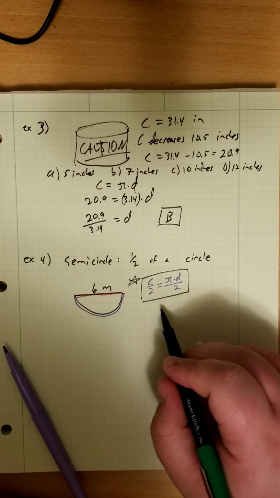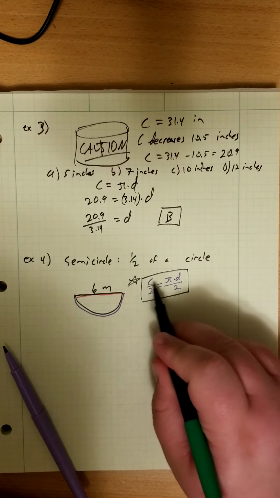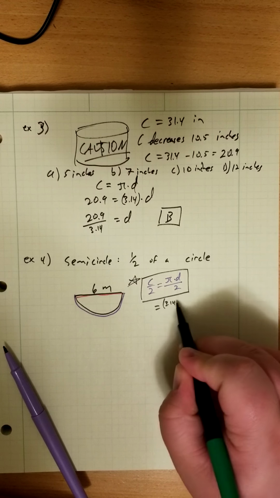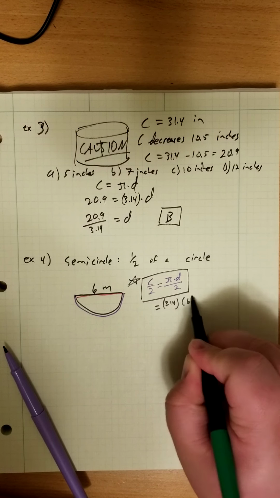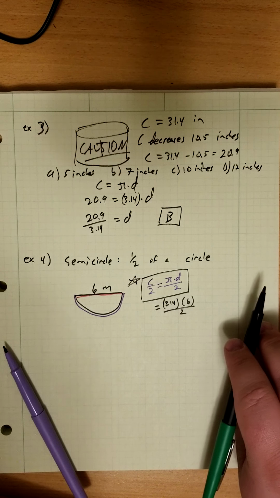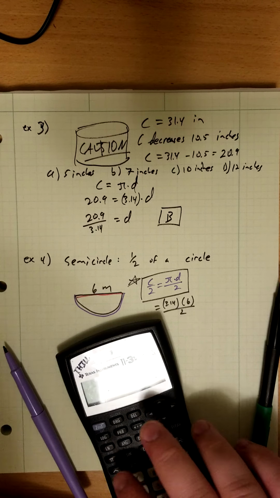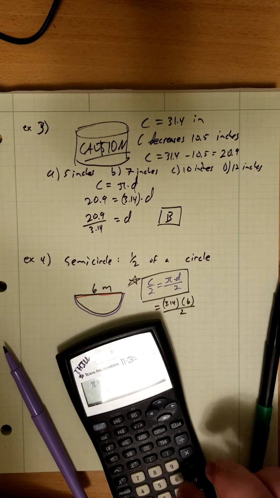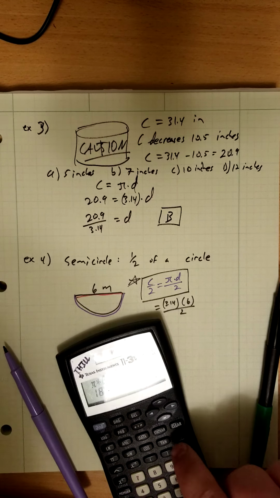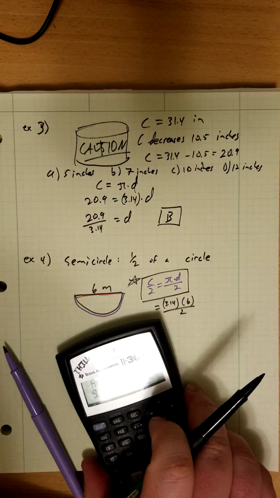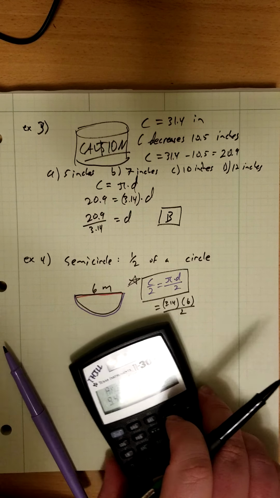So my lavender part is going to equal 3.14 times the diameter of 6, but then I have to divide that all by 2. So I do pi times 6, and then I divide that by 2. I get an answer of 9.4, basically.